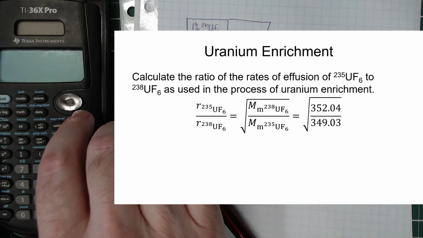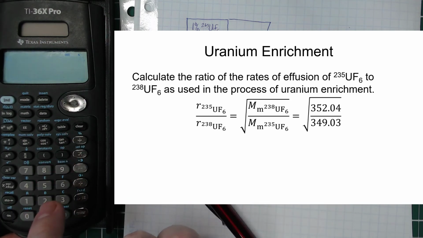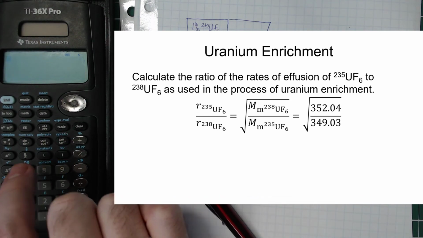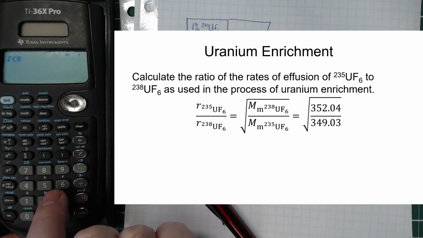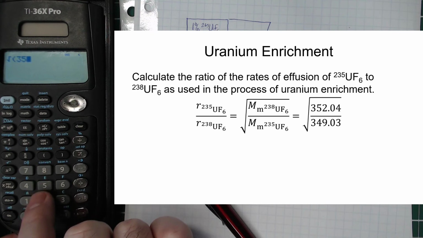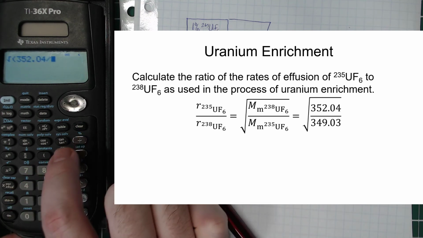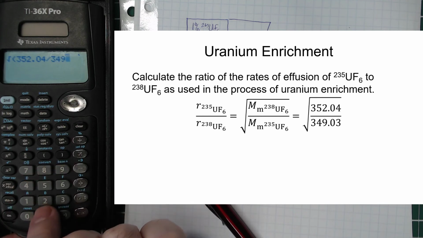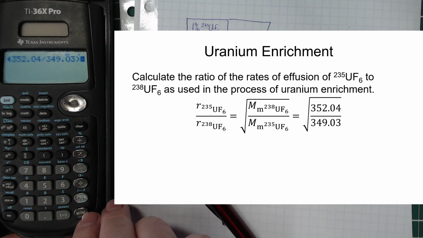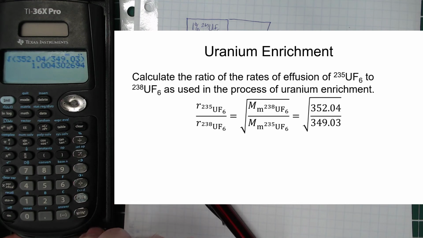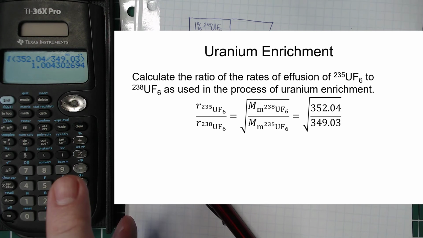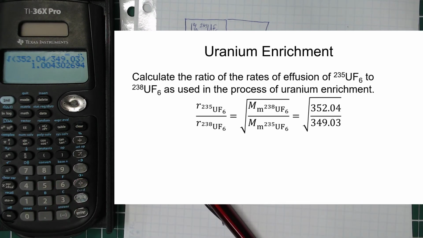We'll do the square root of 352.04 divided by 349.03, close the parentheses, and take that square root. The number that we get there is 1.004. That means that the uranium-235 is going to effuse about 0.4% faster than the uranium-238.